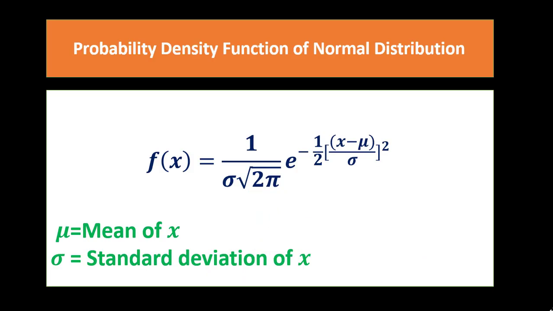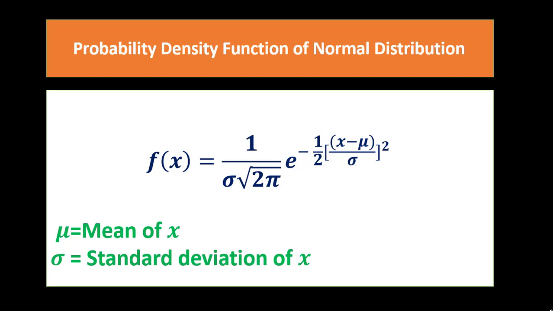Now let us see the probability density function of the normal distribution. It is denoted by f(x) equals 1 divided by sigma times root over 2 pi, multiplied by e to the power minus 1 by 2 times (x minus mu divided by sigma) whole square, where mu is the mean of x and sigma is the standard deviation of x.